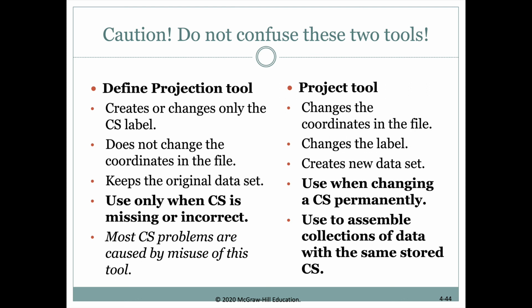And remember, you might want to do this because you want to do analysis with that data and you want the distances to be correct, or you want to properly display population density and you want the areas to be correct. So you use this when you're changing a coordinate system permanently, and it's used to assemble collections of data with the same stored coordinate system. So you might put everything in the same stored coordinate system in order to do analysis with more than one data layer at the same time.